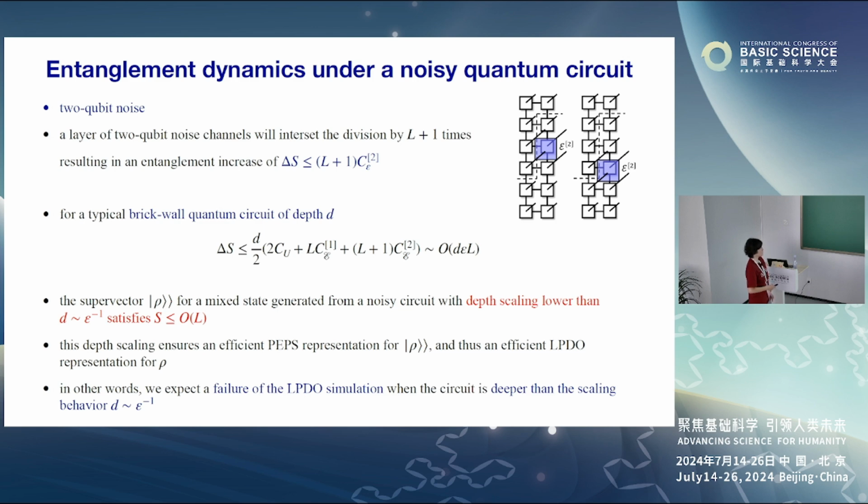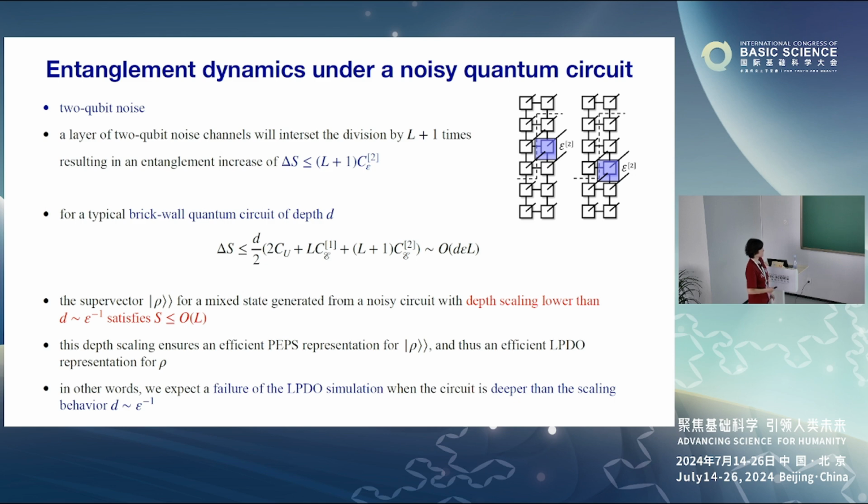And we can sum all of these effects. You can see for the typical brick wall quantum circuit of depth D, the total entanglement growth will be like this. And for a larger D system, we can see that this is proportional to D, epsilon, and L. Here epsilon is the 2 qubit error rate, L is the distance from here to here, and D is the circuit depth.